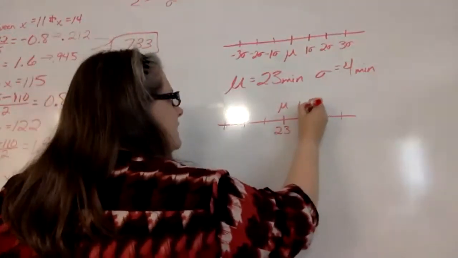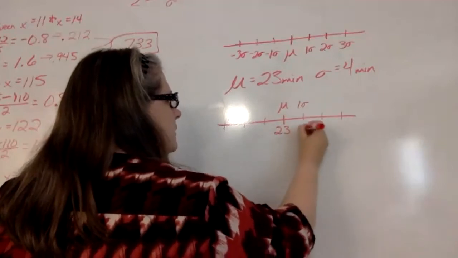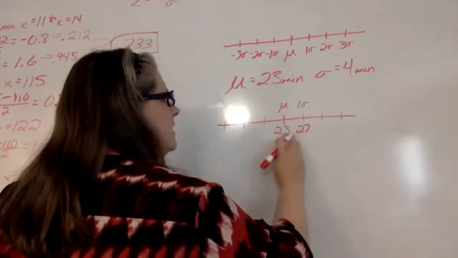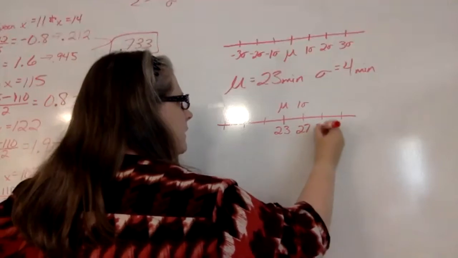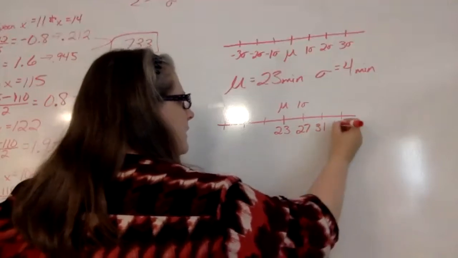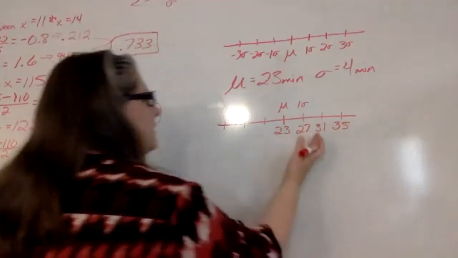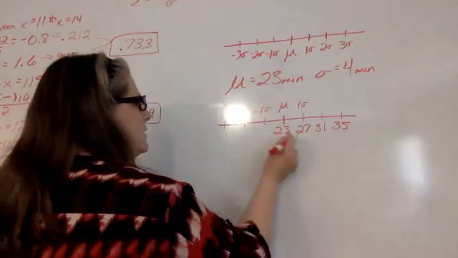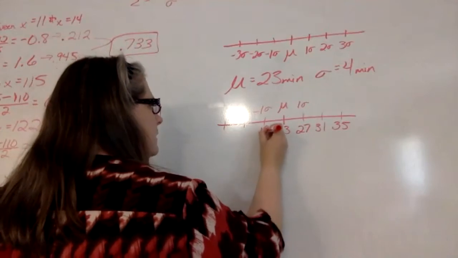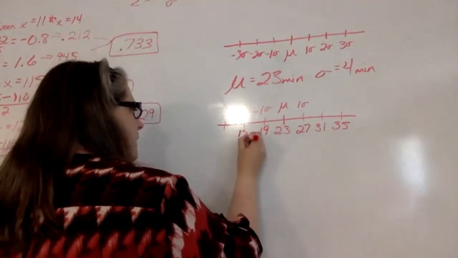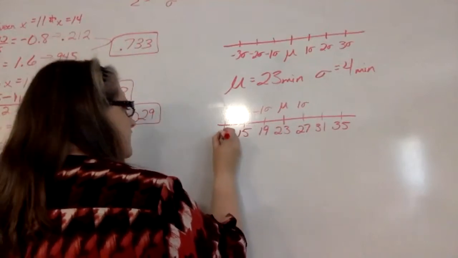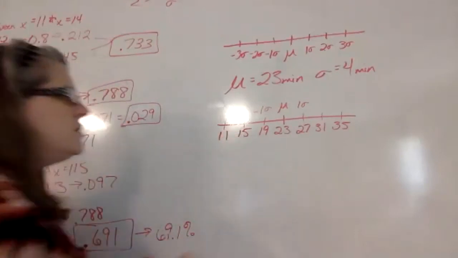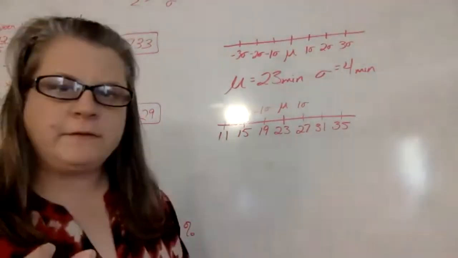So 1 standard deviation, 23 plus 4 is 27. And then 27 plus 4, 31. 31 plus 4, 35. Now this way we're going the opposite, so we subtract. So 23 minus 4, 19. Minus 4, 15. Minus 4, 11. So these are our numbers that we have.